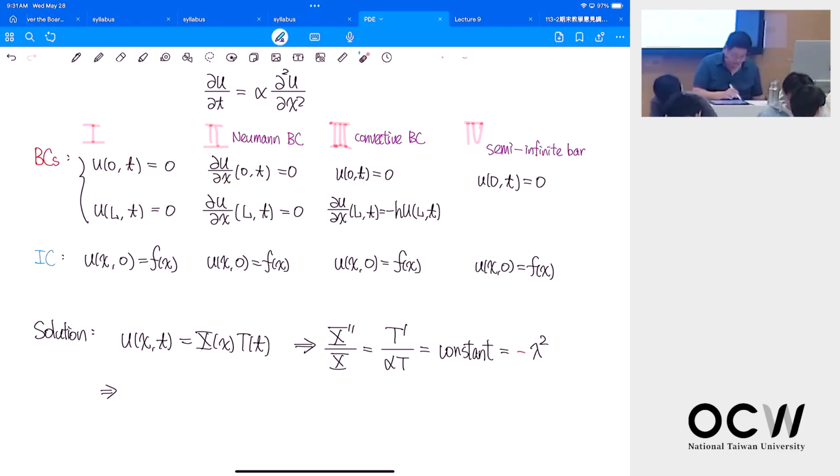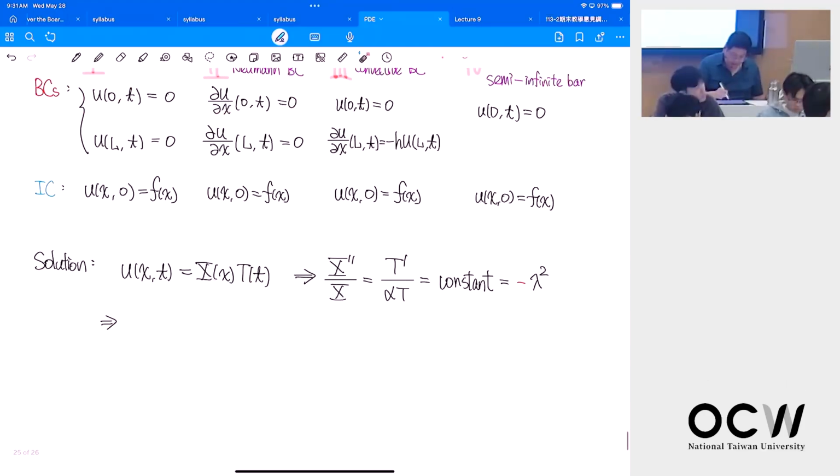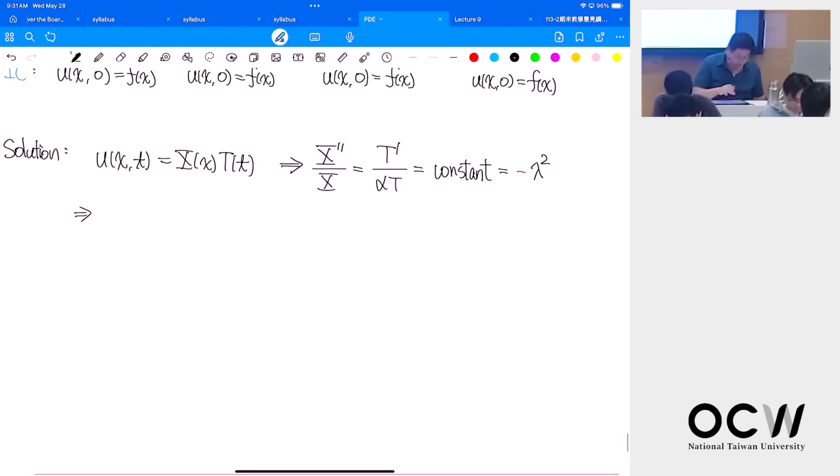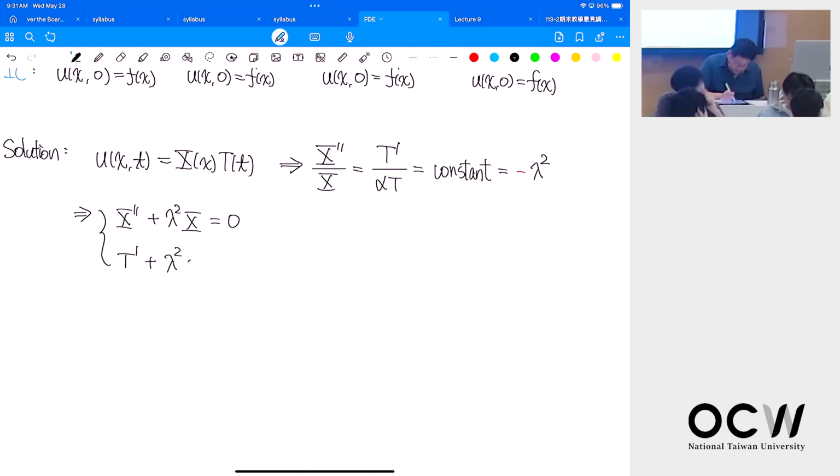Okay, for the solution, separable, and then we can get two ordinary differential equations. The first one for x, and the second one for temperature. For the x, that's the linear combination of your cosine function and sine function.